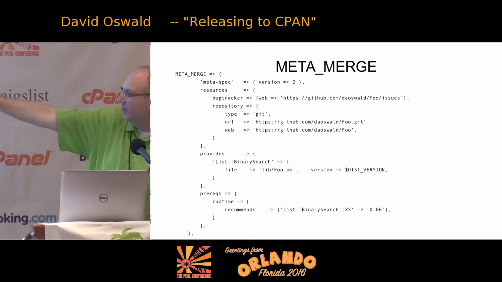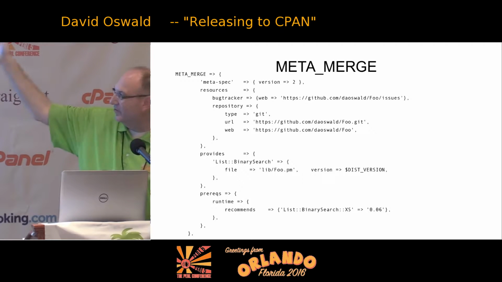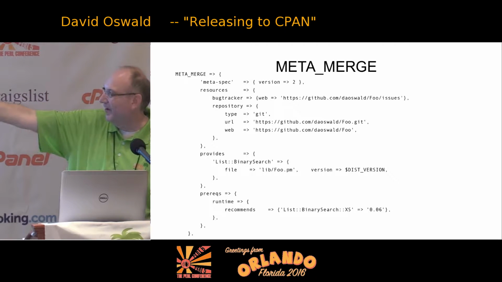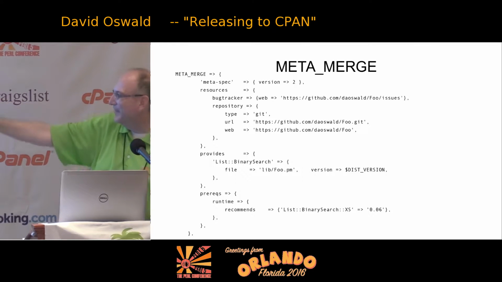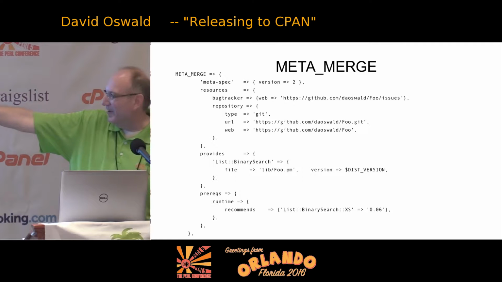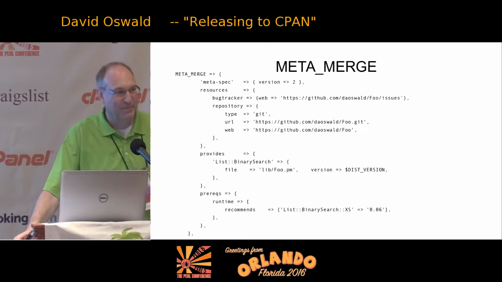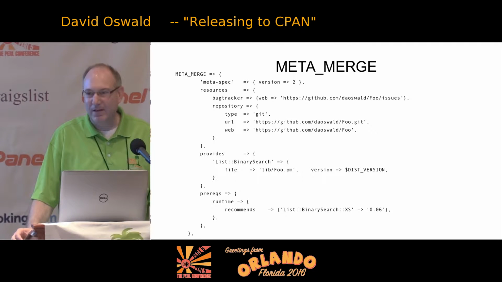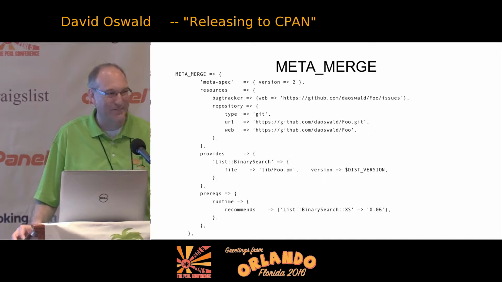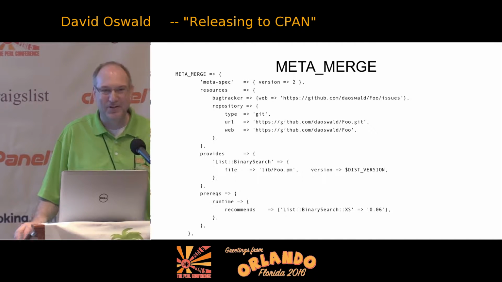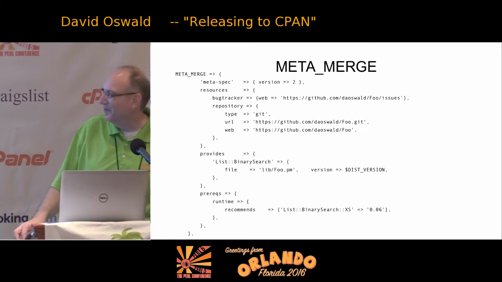This distribution is presumably the List::BinarySearch distribution, and it's going to provide Foo.pm, which doesn't make a lot of sense. And then prereqs: runtime recommends List::BinarySearch::XS, and that's a recommendation that will be indexed. Currently, I don't think anything really happens other than, yes, that's recommended, and you can look that up in the metadata for the module. At some point, someday, we might have tools that actually make use of that field.